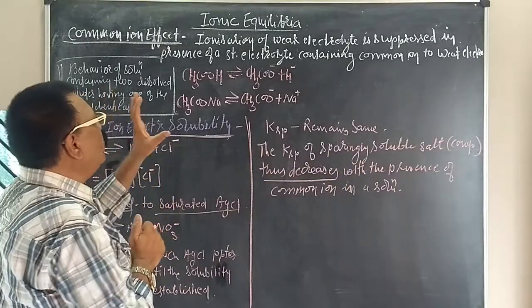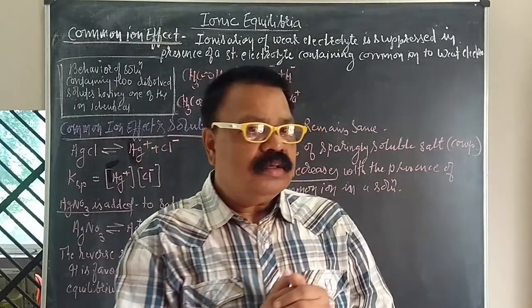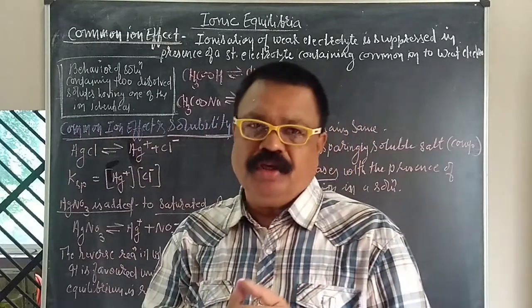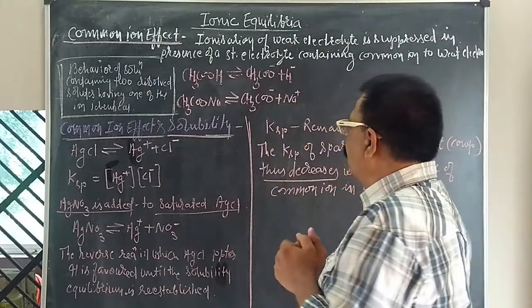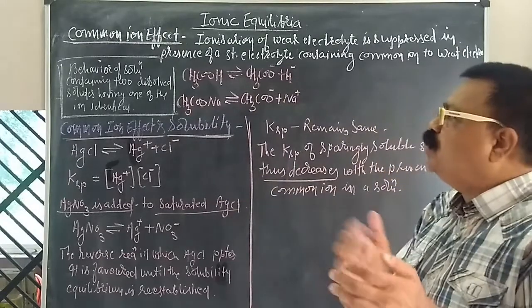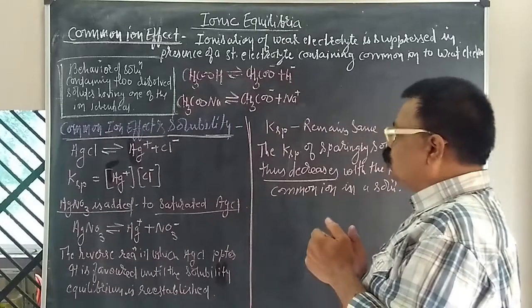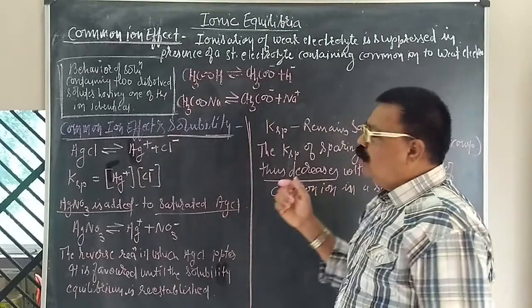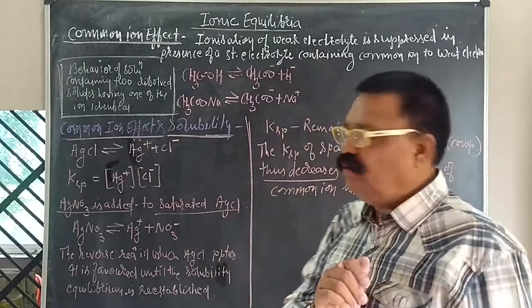So this is a common ion effect where we are taking two different solutions having the common ion. The common ion effect also shows the behavior of the solution containing two dissolved solids having the identical ion. One of the ions becomes the identical.